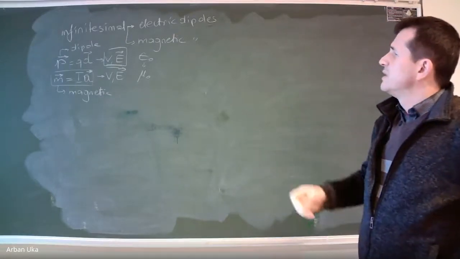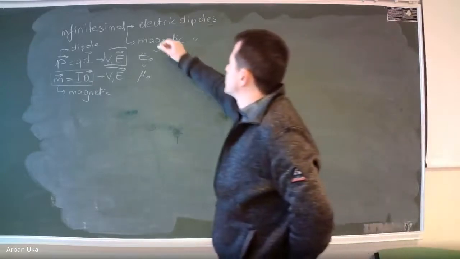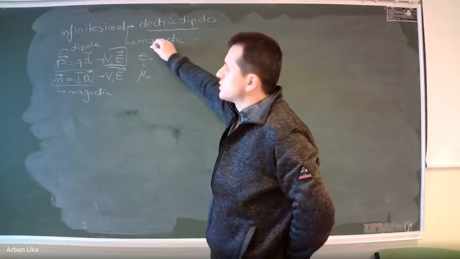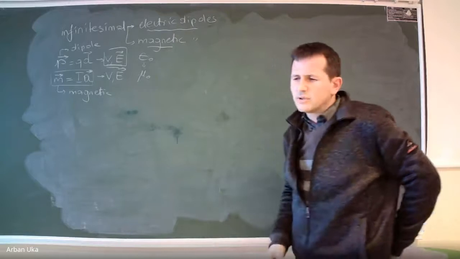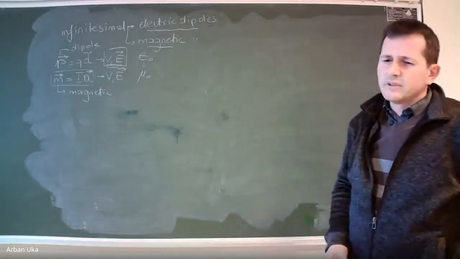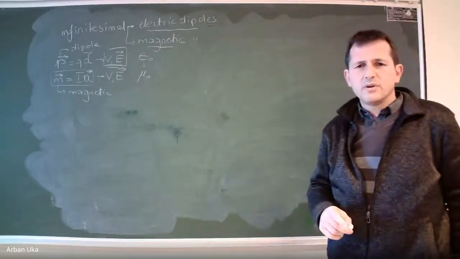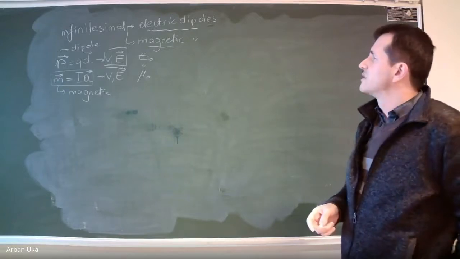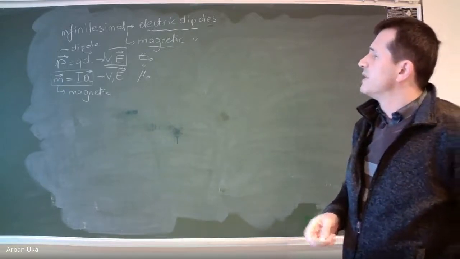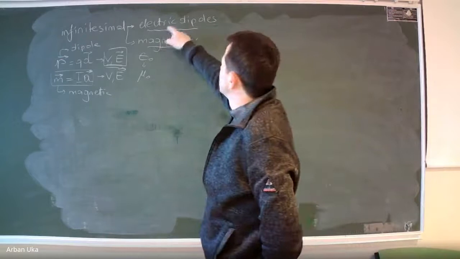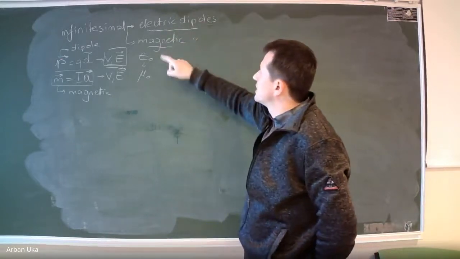Now, what we mean here is that in chapter 3 predominantly, and also we talked about this in chapter 4, we saw that we have a duality, or a symmetry, between the fields that we observe when we have an infinitesimally small electric dipole and an infinitesimally small magnetic dipole.